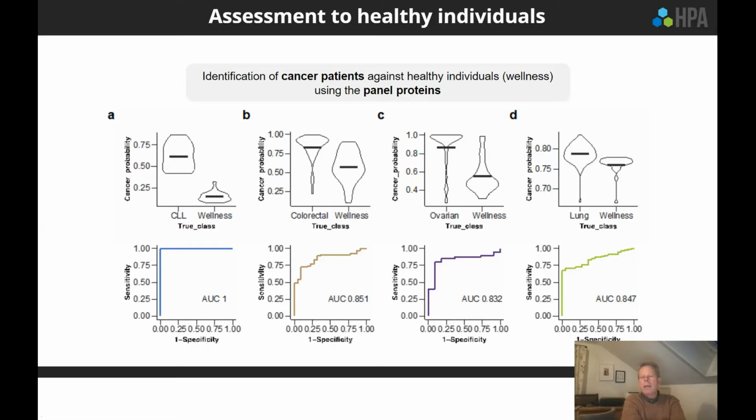And you can see that there is a pretty good distinguishing, and the area under the curve is in most cases very, very good. Actually, AUC 1 for the AML, but also a little bit less for the breast cancer and the lung cancer.